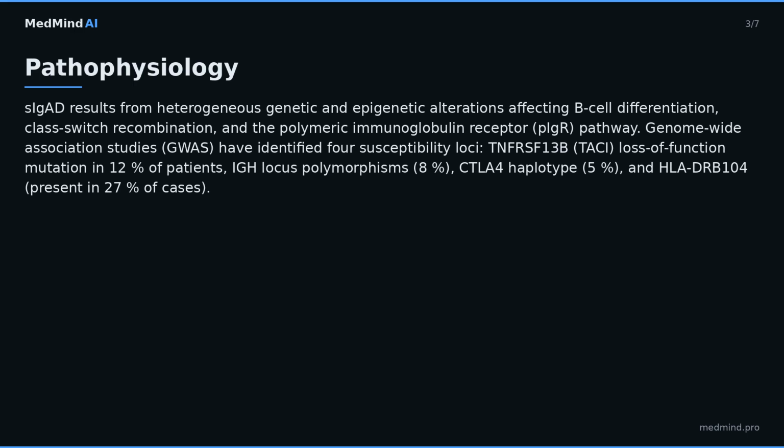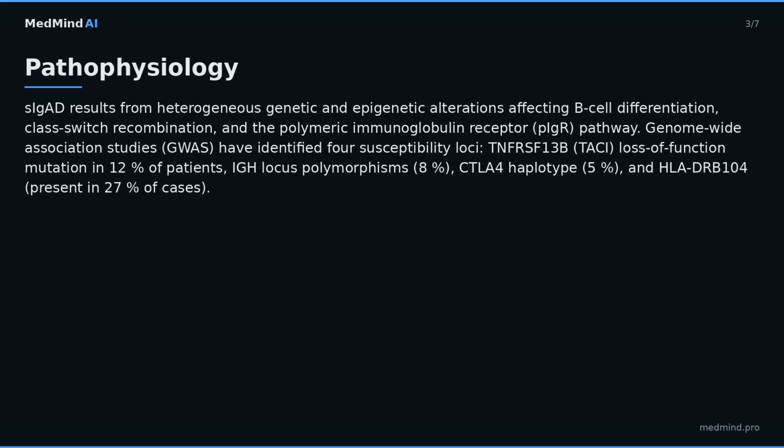Genome-wide association studies, GWAS, have identified 4 susceptibility loci: TNFRSF13B, TACI, loss of function mutation in 12% of patients, IgH locus polymorphisms, 8%, CTLA4 haplotype, 5%, and HLA-DRB1*04, present in 27% of cases.